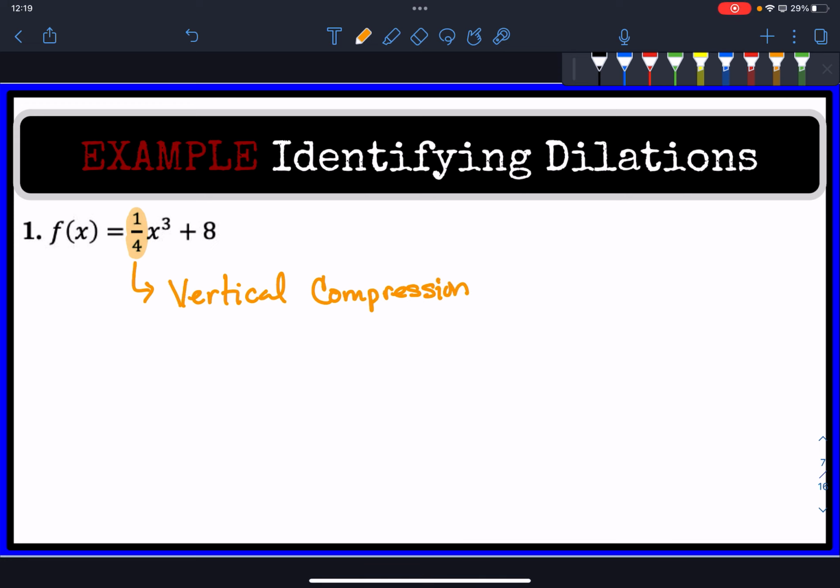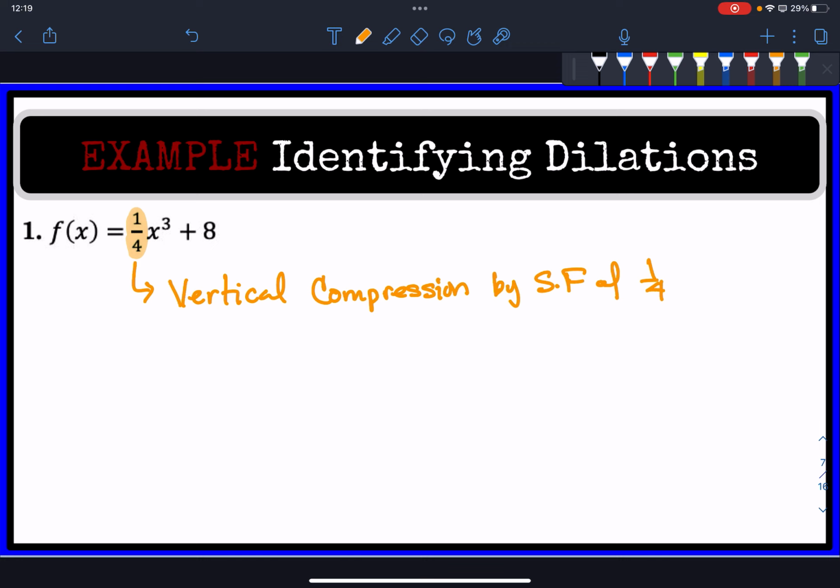So vertically it's going to shrink it, it's going to compress it by the scale factor of 1/4, because that's what I'm multiplying by. I'm multiplying by 1/4, so it's going to compress it by 1/4.